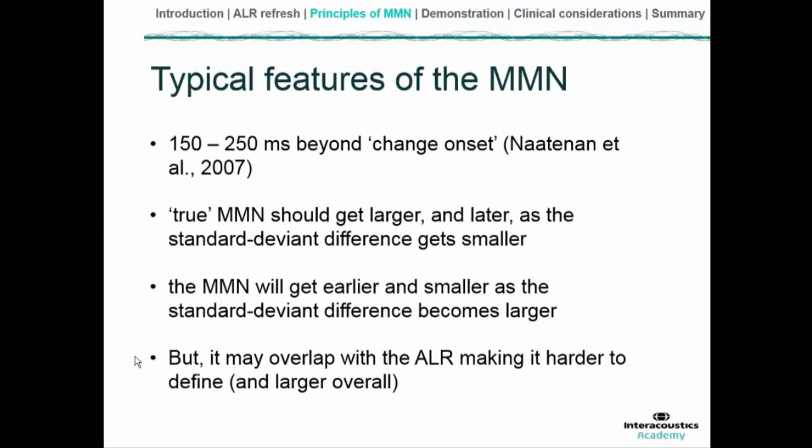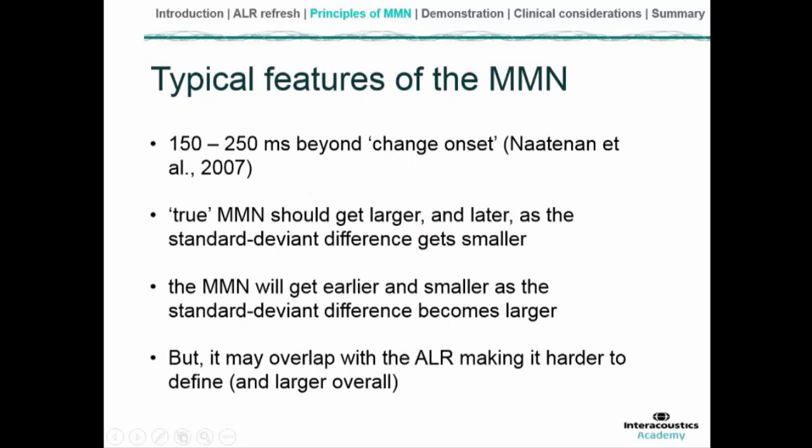If there's only a small difference between the standard and the deviant stimuli, then it's going to take longer for the auditory system to discriminate between them, and so the MMN latency increases, and also the amplitude of the MMN gets larger.